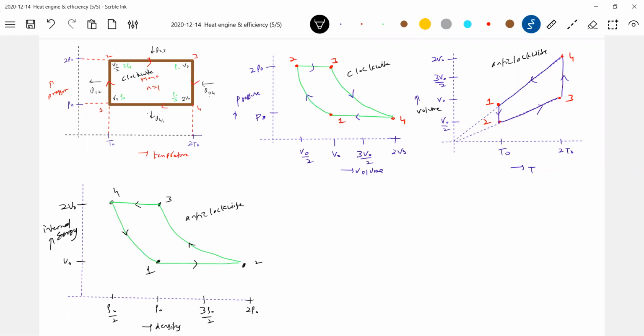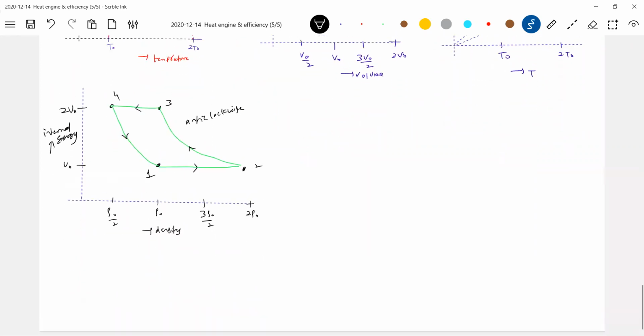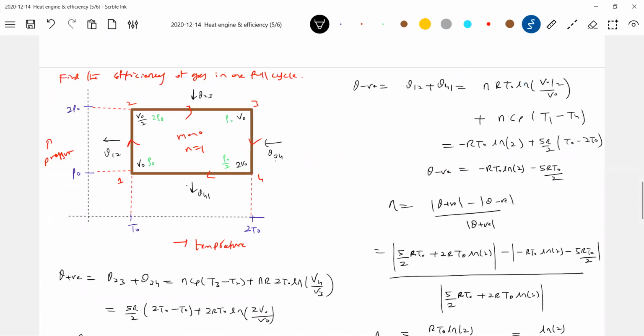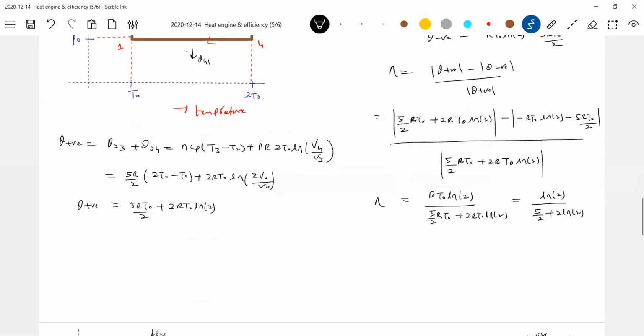Okay, able to get the idea? This one: how to calculate the efficiency, and after getting the efficiency, how to go for the equivalent graphs here. So one more we'll take. Okay, PV is over, PT is over. Now we'll come to the VT graph, and then we'll go for paper discussion.